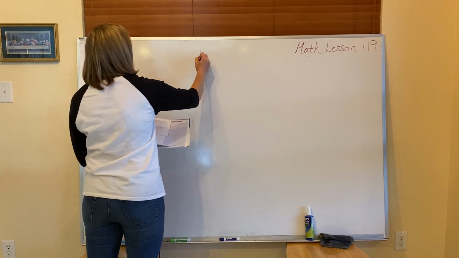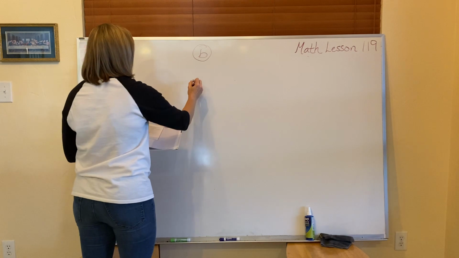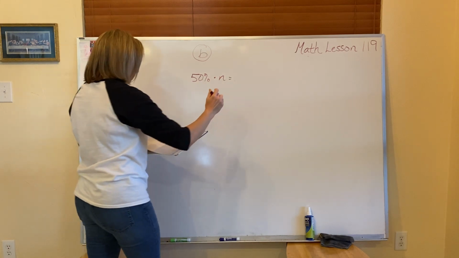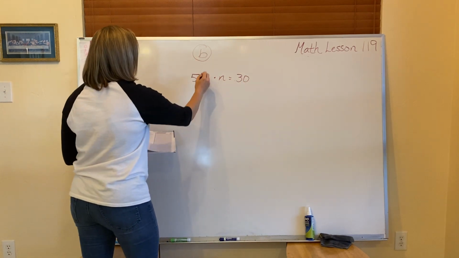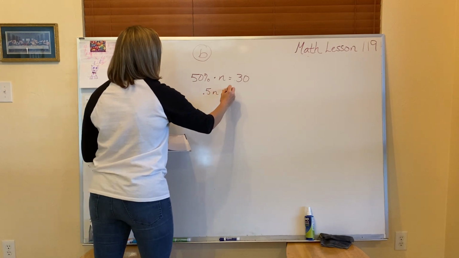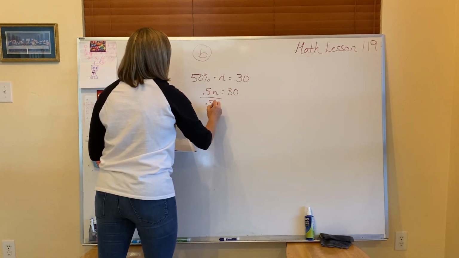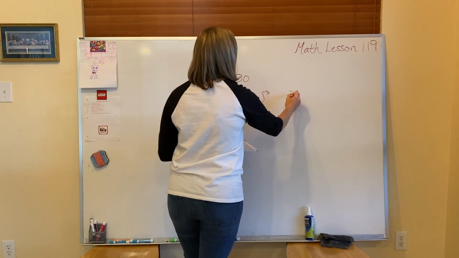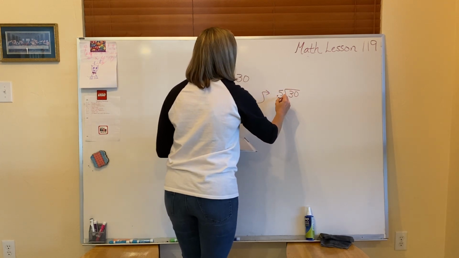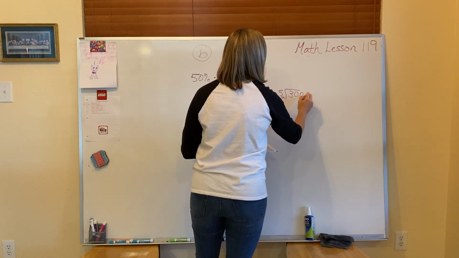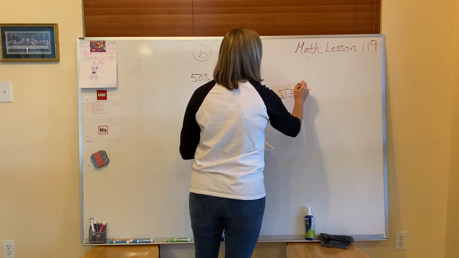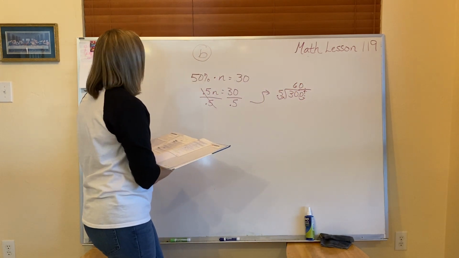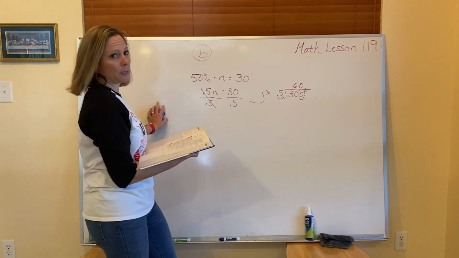Now for B. Now we have 30 divided by 0.5, right, over, up, is 60. So your answer for B, whoops, should be 60.